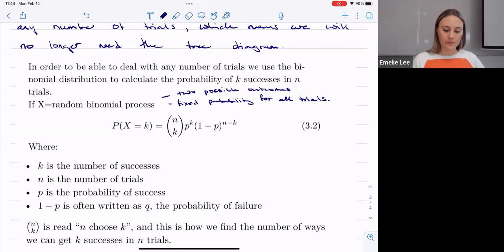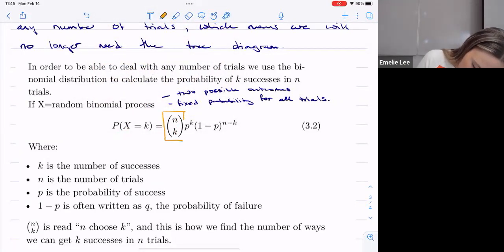Okay. So how we denote it is X is going to be the number of successes. So in this case, if X equals some general value k successes, then we have this choose function, n choose k. Let me just jot that down here.